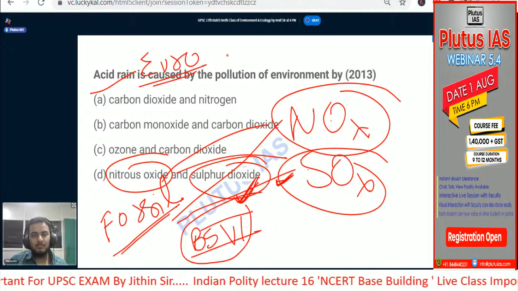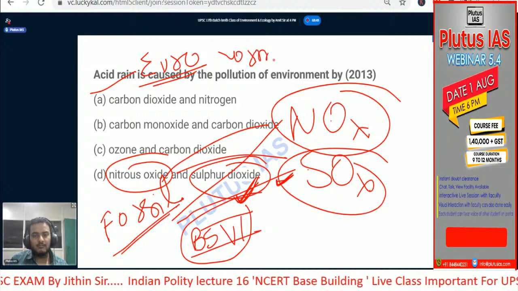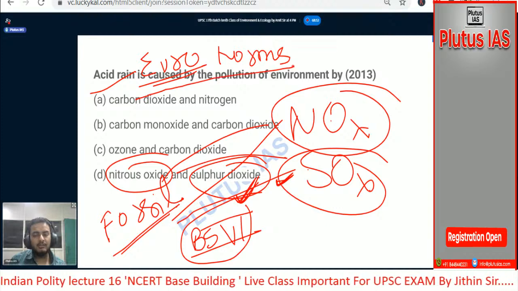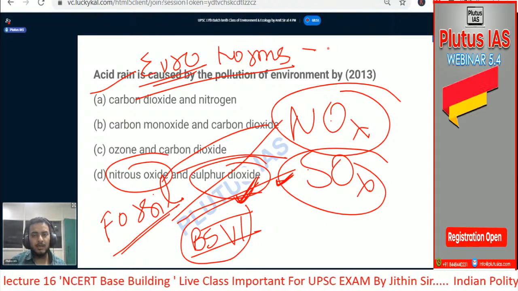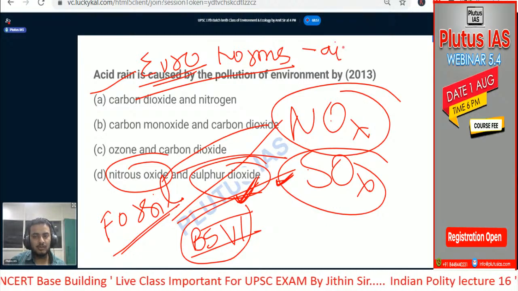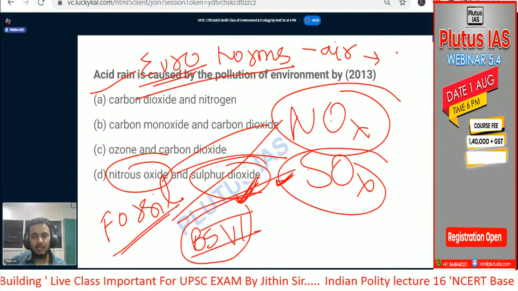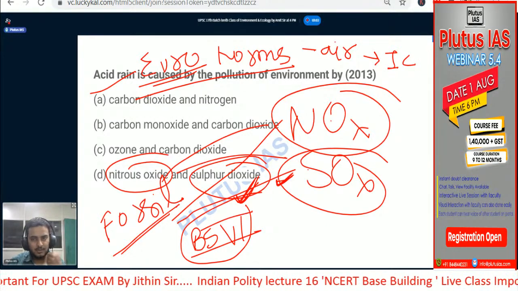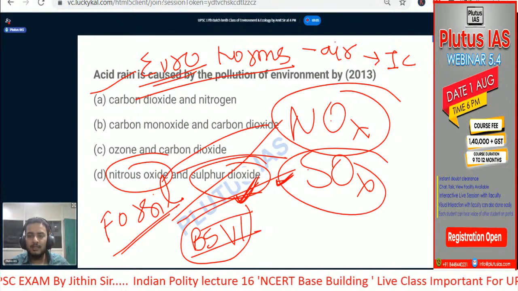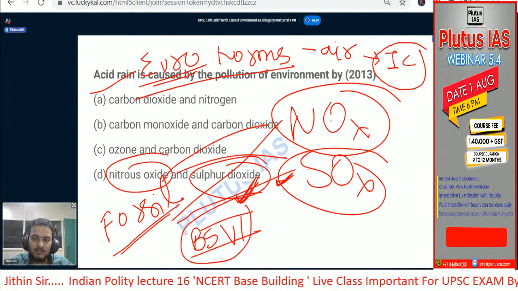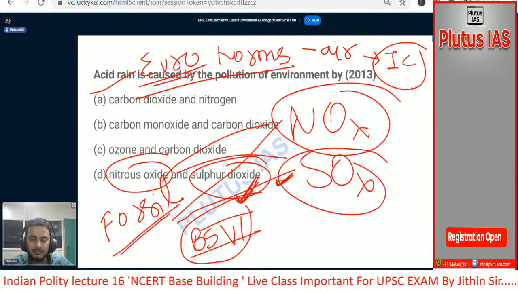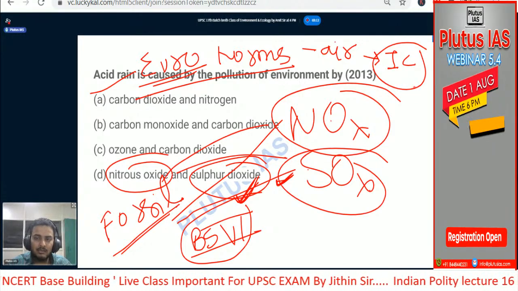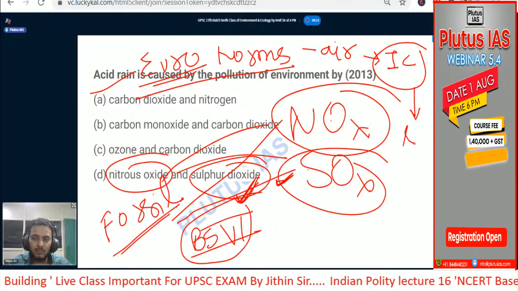Euro norms were made in Europe, and these norms were aimed at reducing air pollution from internal combustion engine vehicles. Vehicular emissions significantly increased in Europe and led to smog conditions.